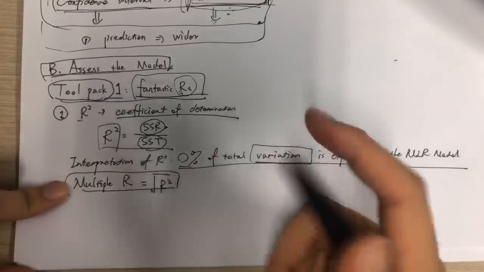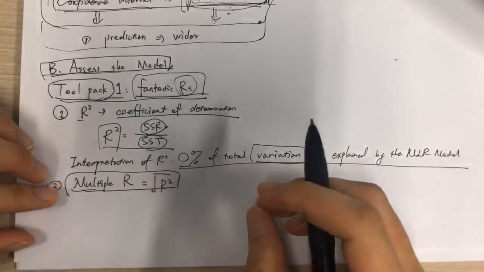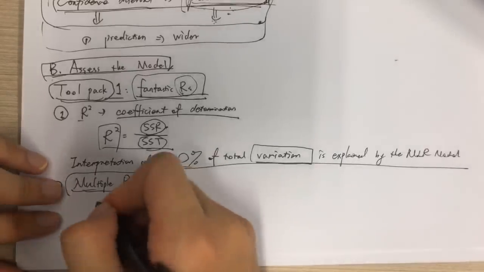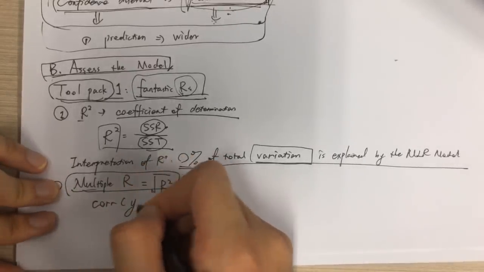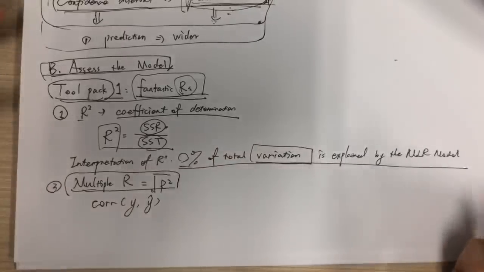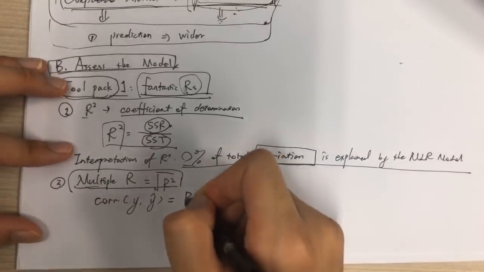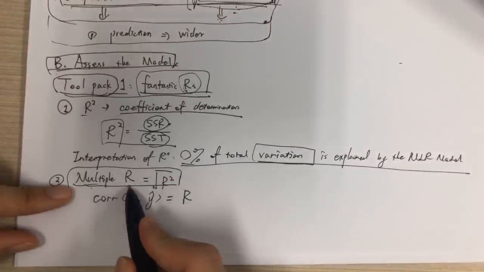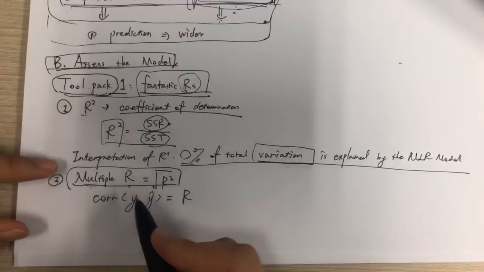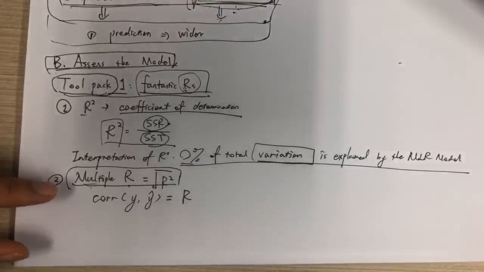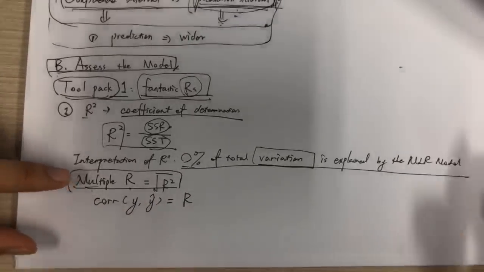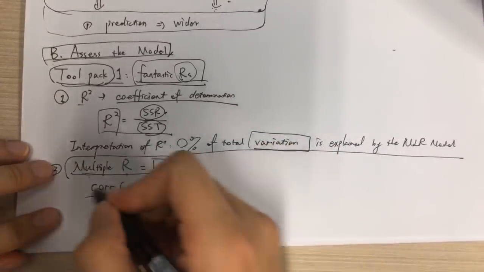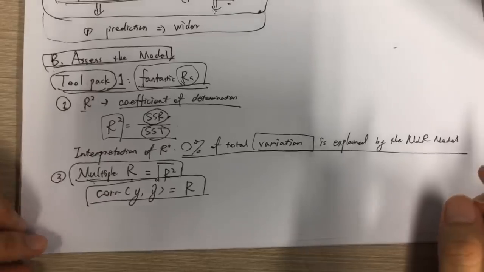Why is that? Because many times, the question tends to ask you, what is the correlation between Y and Y hat? And then you need to know it is multiple R, all right? Therefore, multiple R also stands for the correlation. Yes, Changxu, you are right. So the correlation between Y and Y hat is multiple R, okay? So don't lose marks on this, all right?